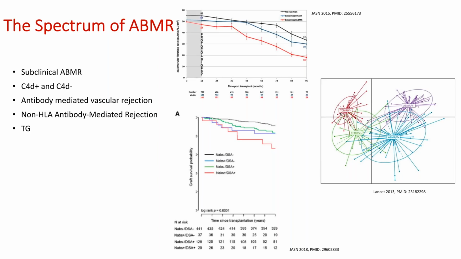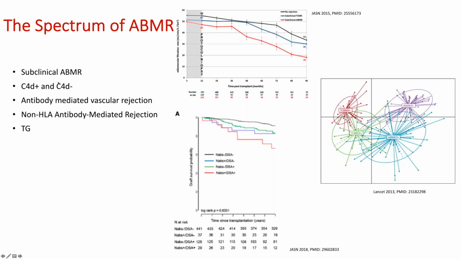When the microvasculature, the glomerular endothelium and the peritubular capillary endothelium, are affected, that becomes a microvascular rejection, which is predominantly an antibody-mediated rejection. When the major blood vessels are involved by endothelialitis, that could be related both to cell-mediated rejection and to antibody-mediated rejection.